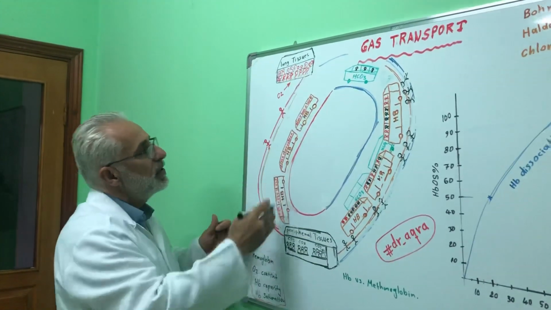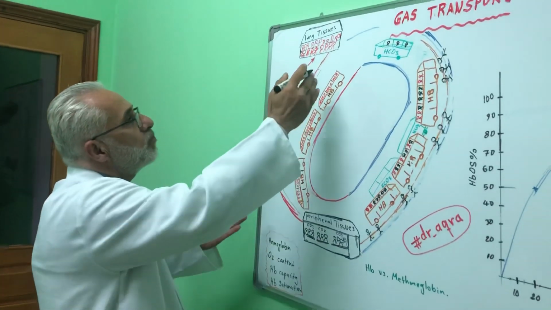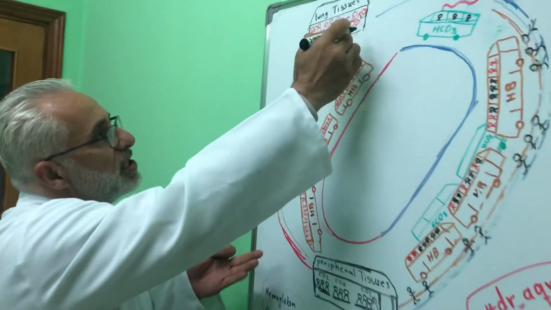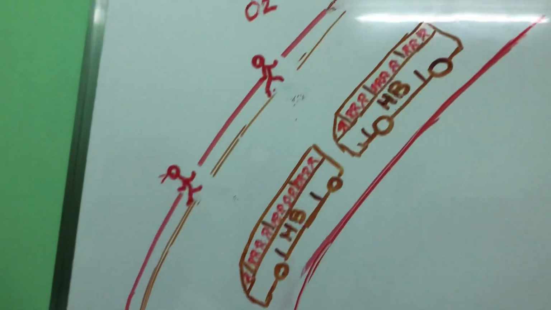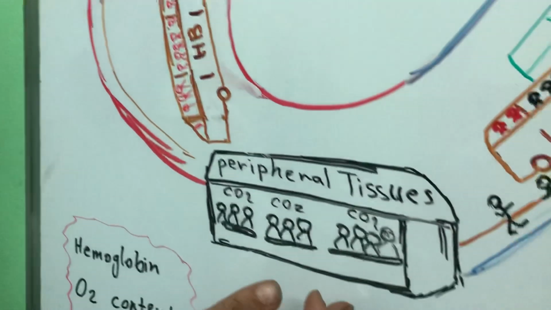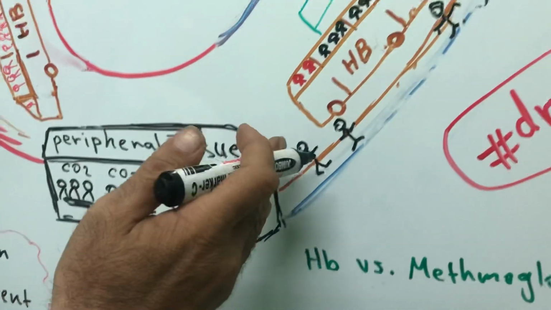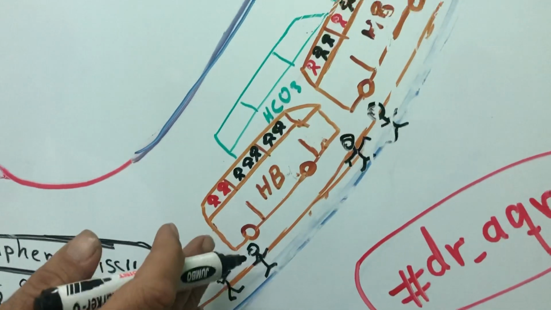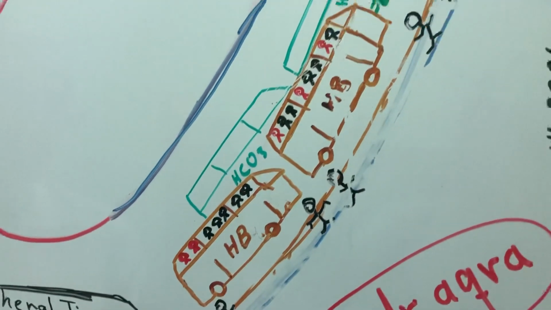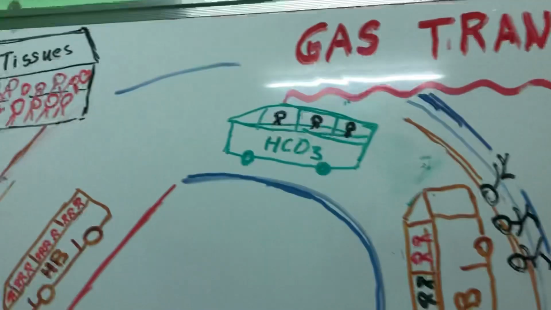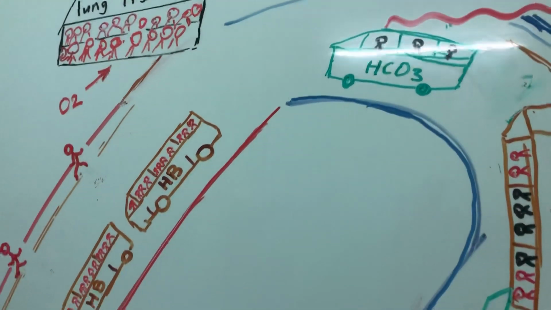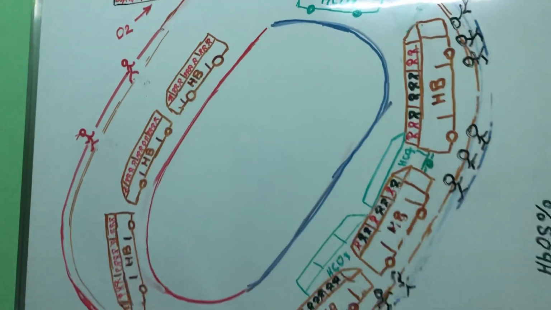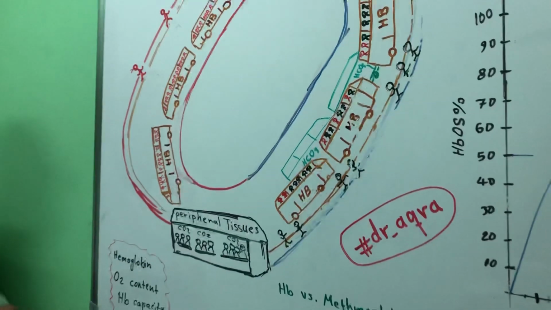Actually, the transport is transporting of oxygen from the lung tissue toward the peripheral tissue where the metabolic processes are active, and then the transport of carbon dioxide, CO2, from the peripheral tissue toward the lung tissue, where through the process of gas exchange it would be exhaled by the lung out of the body toward the external atmosphere.